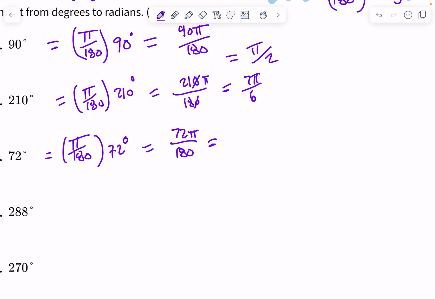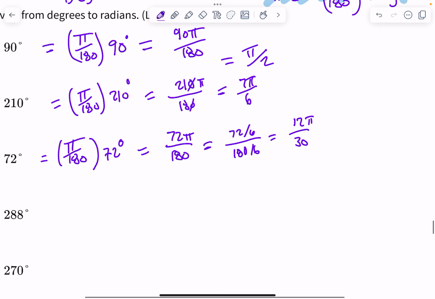Let's divide by 6. If I divide the top and the bottom by 6, this gets me 12 over 30 pi, but I can still simplify this even more. What if I divide the top and the bottom by 6 now? Then I'm left with 2 pi over 5, and that's best.